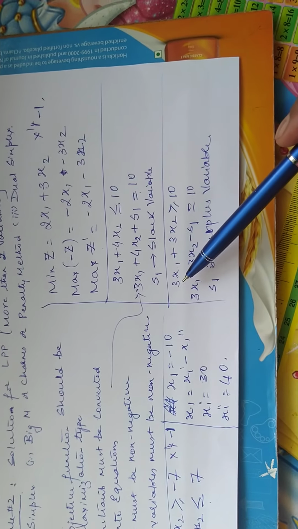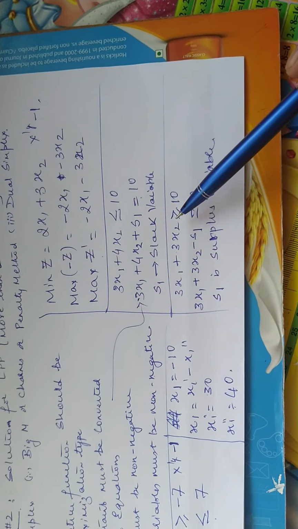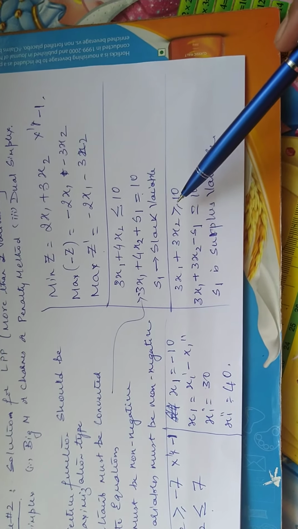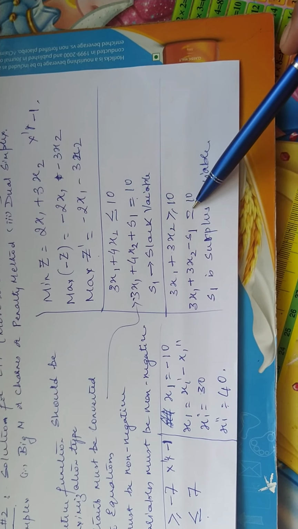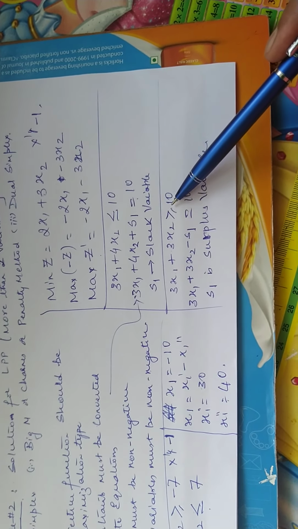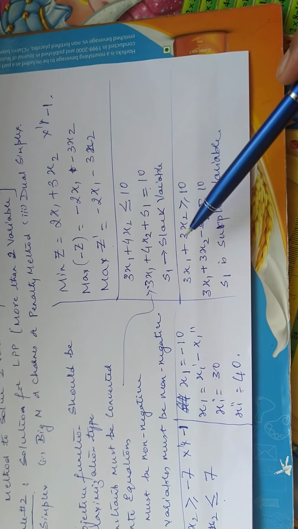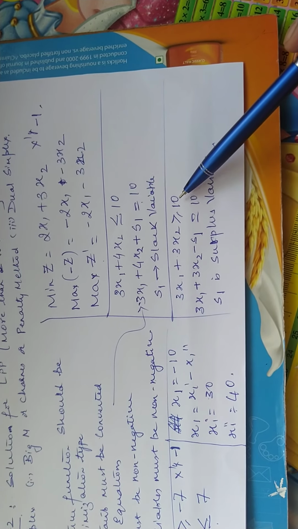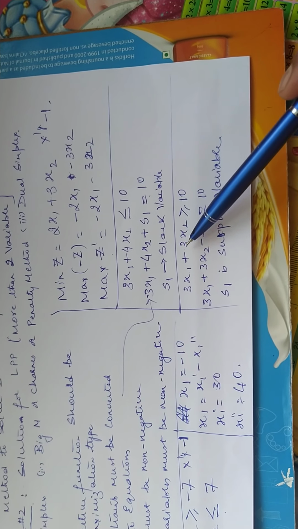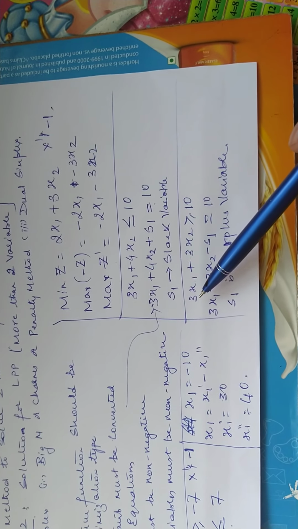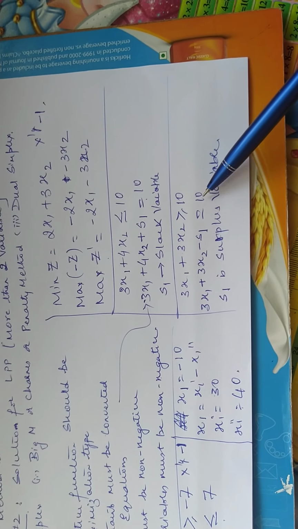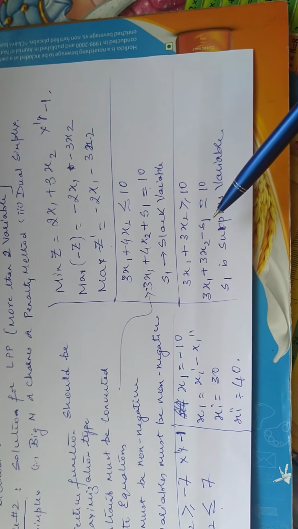Similarly, consider an inequality which says 3x1 plus 3x2 is greater than or equal to 10. In order to convert this inequality into an equality, let us first try to understand the logic of this. 3x1 plus 3x2 is already greater than the RHS, that is 10. So in order to bring the value of this LHS down and make it equal to 10, I am supposed to subtract a value.